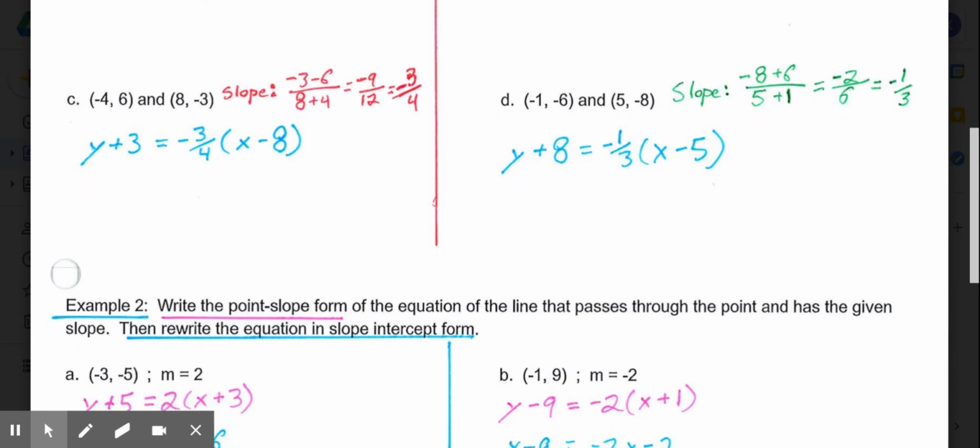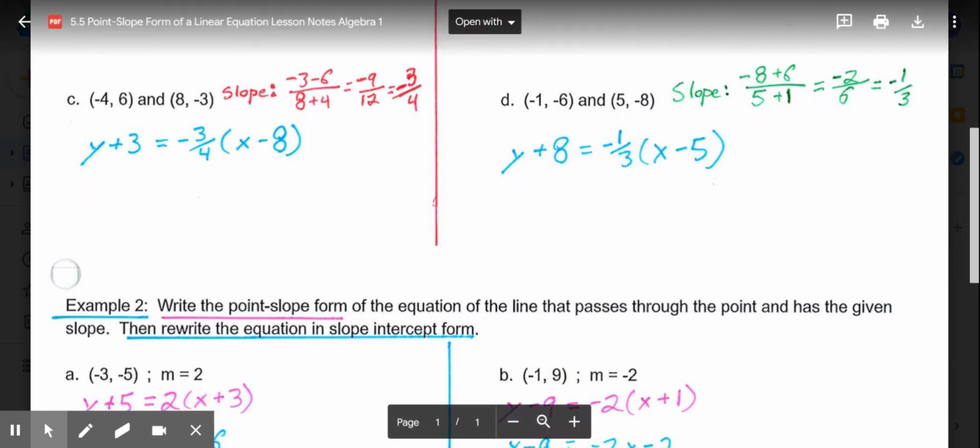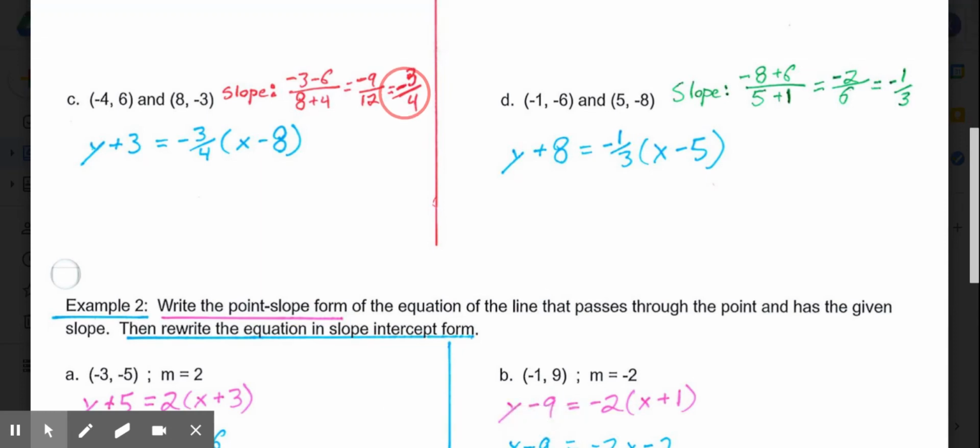So let's look at C and D. In C, I need to find my slope first. So on top, -3 minus 6. On bottom, 8 minus a -4, which is 8 plus 4. So my slope is a -9 over 12, which simplifies to a -3 over 4. So m is a -3/4. Then I select a point to use.